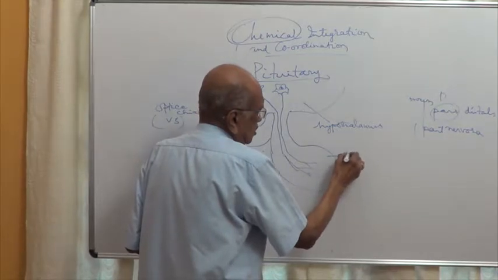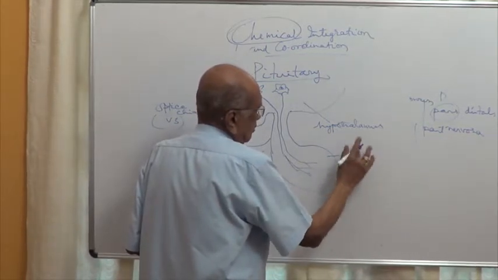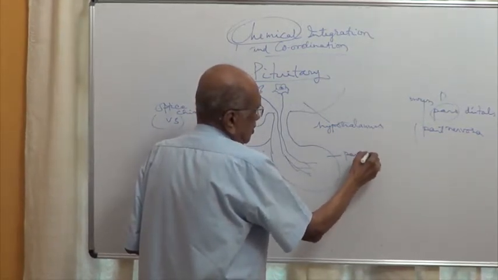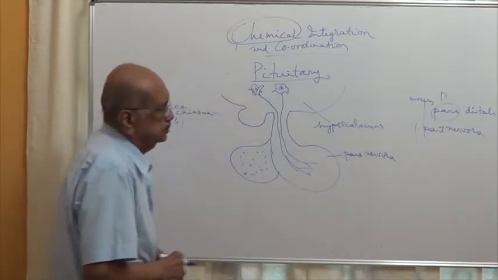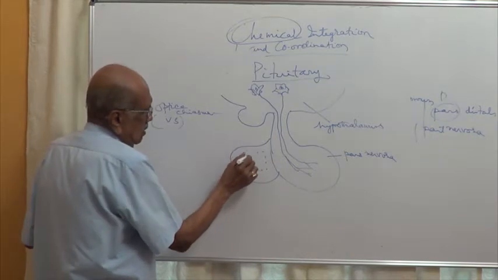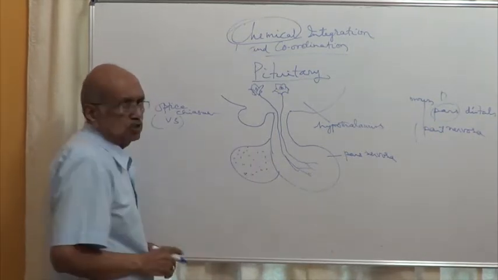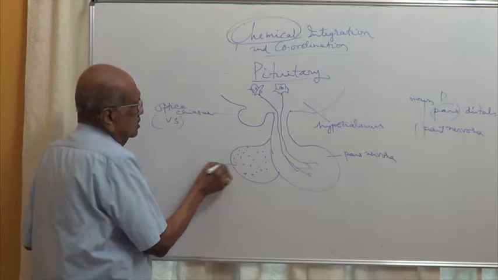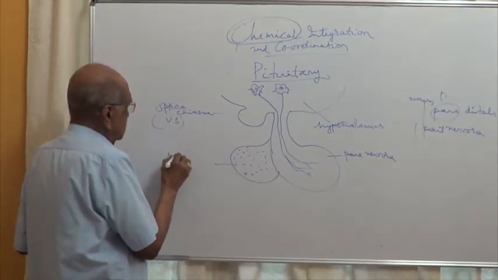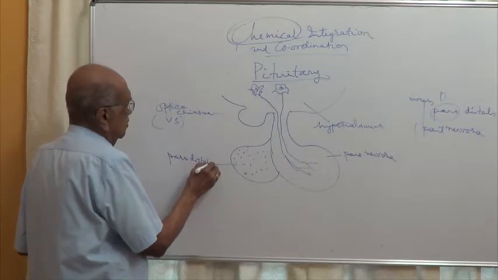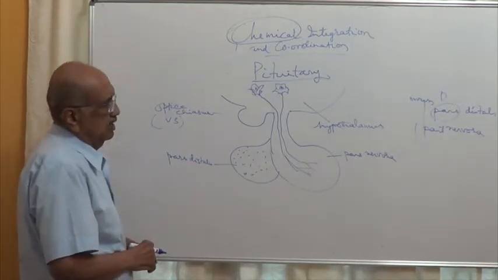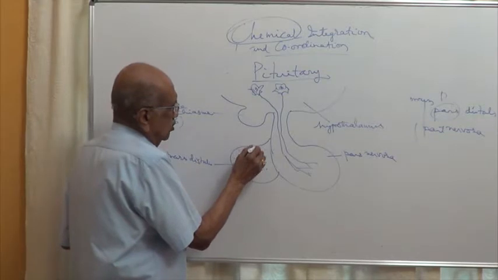This is the pars nervosa, posterior lobe. I have dotted this portion purposely. This is the pars distalis or adenohypophysis, which is glandular.